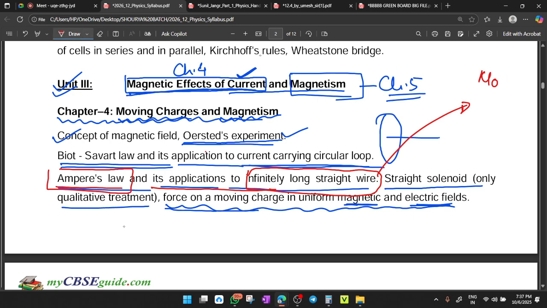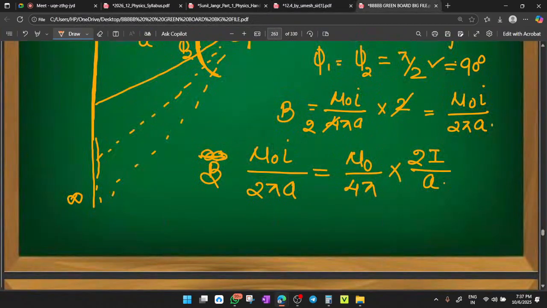Yes or no? But we have to find this intensity now by using Ampere's law. It is called Ampere's circuital law. So write the heading, guys, Ampere's circuital law.